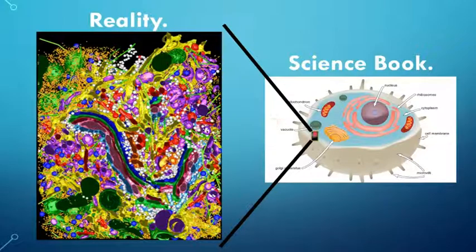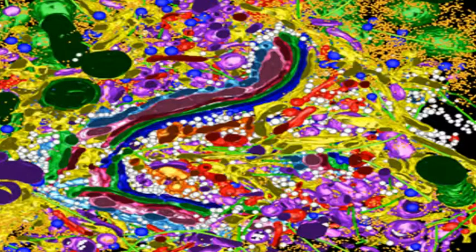Just in this little section, and the whole entire cell is just filled with stuff like this, with parts and pieces. And that's you. You have 50 trillion of these guys of all different types working together to make you and to do the things that cells do. It's amazing, actually. Here's a blow up of that. So again, a lot of these different things are the organelles and the parts and pieces we're going to talk about in this little lecture.